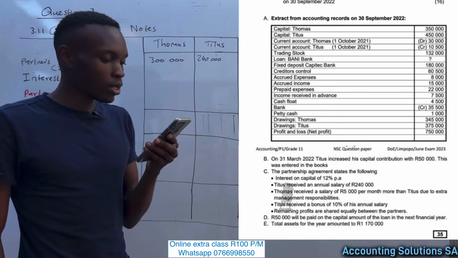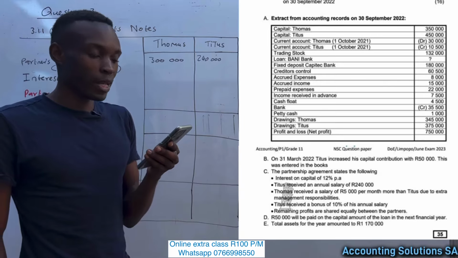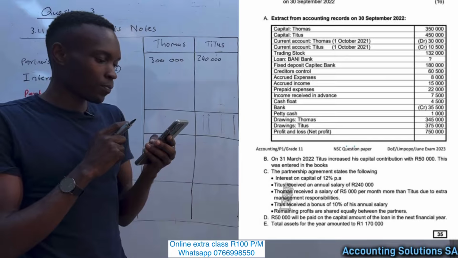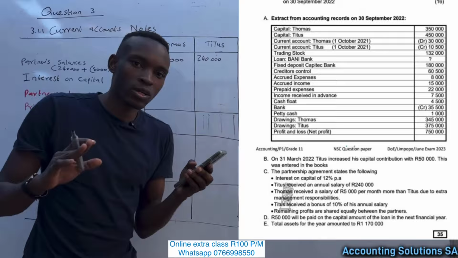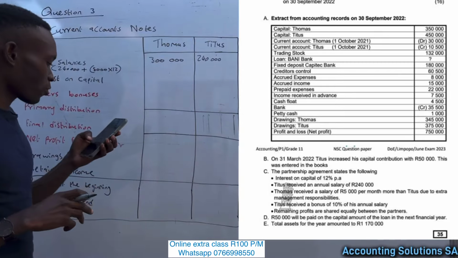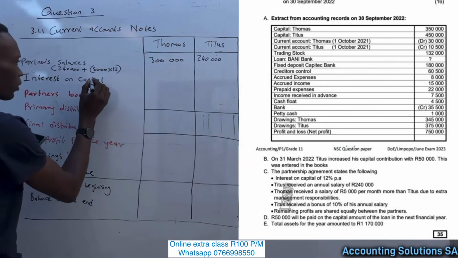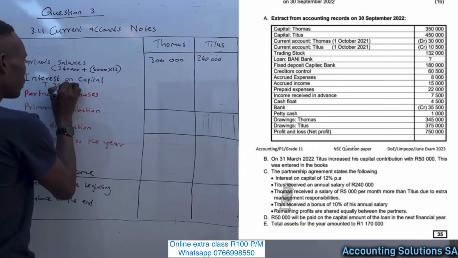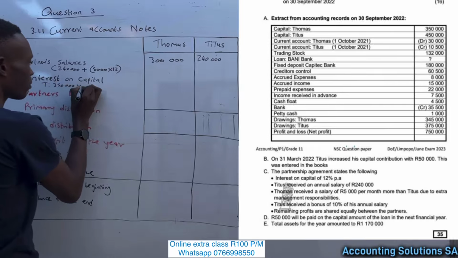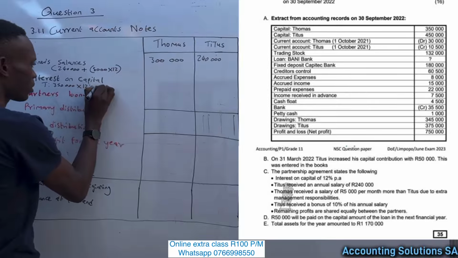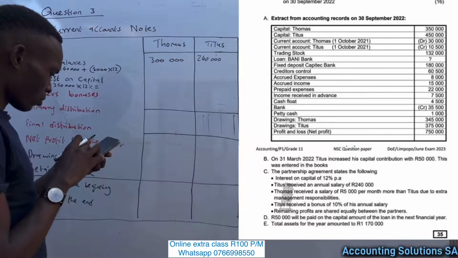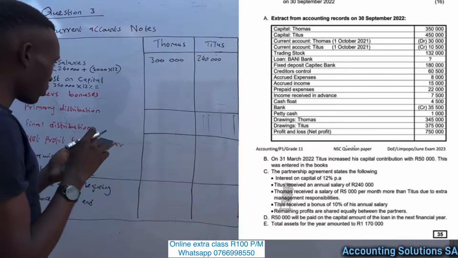They said interest on capital of 12% per year. Let's first calculate for Thomas, because there is no movement. For Thomas it was 350,000, and we multiply by 12%. Then it will give us an amount of 42,000.